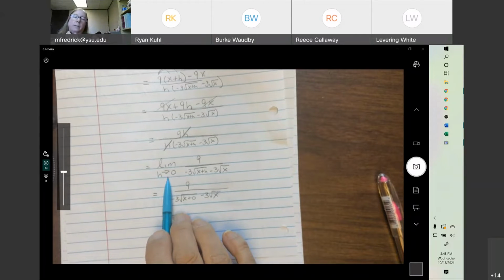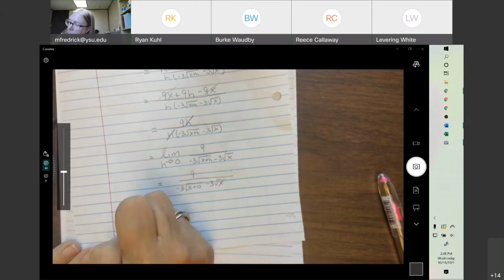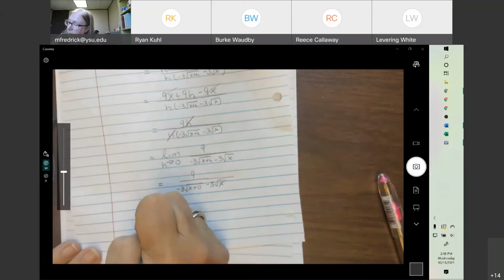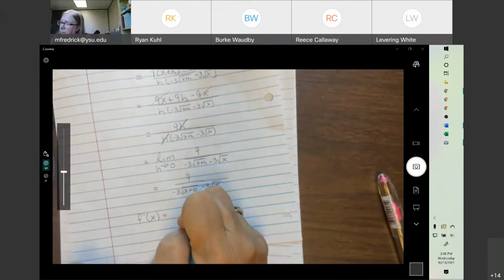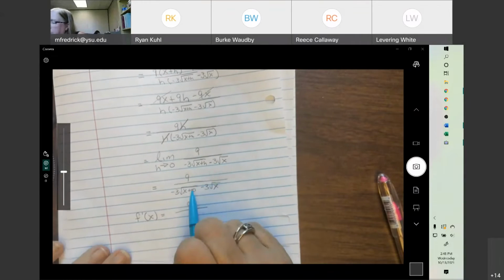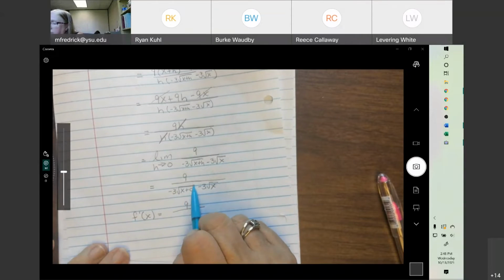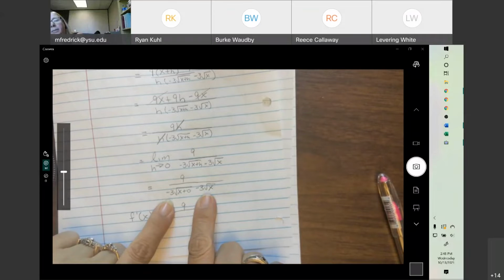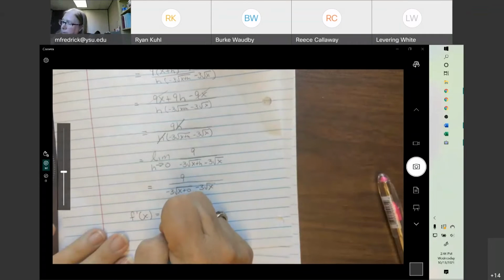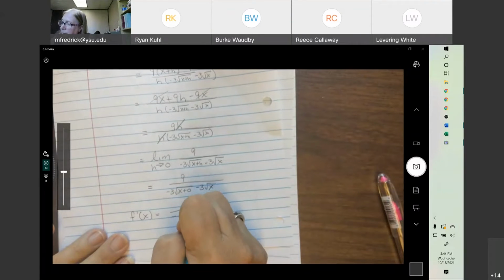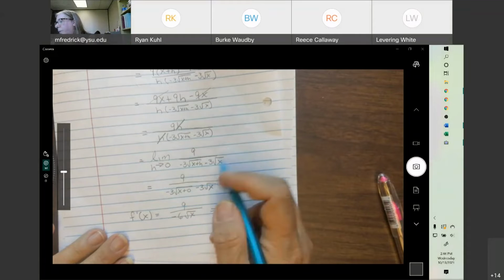H is going to 0. So f prime of x equals 9 over, this becomes the square root of x, so these can be combined to a -6 square root of x, which reduces by 3.